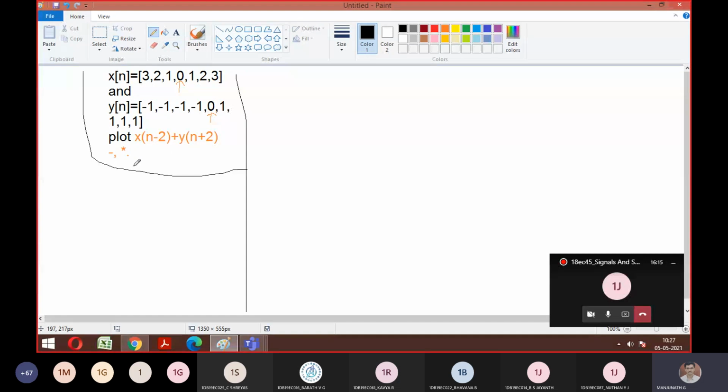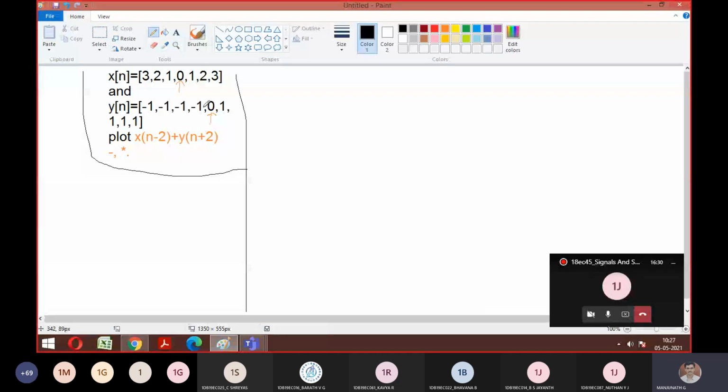Now how do we plot x of n, guys? The samples are given, and I have put an arrow mark for you. That arrow mark hints where the origin is placed. Am I clear on the two arrow marks? Yes, sir.